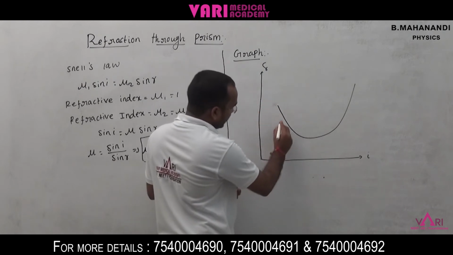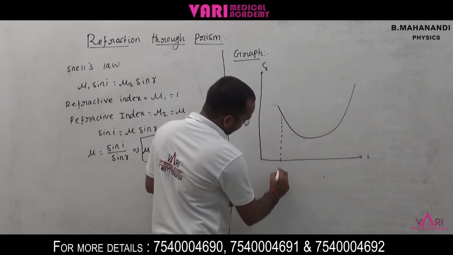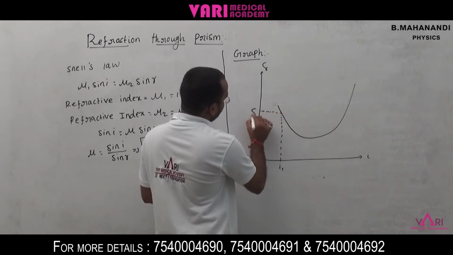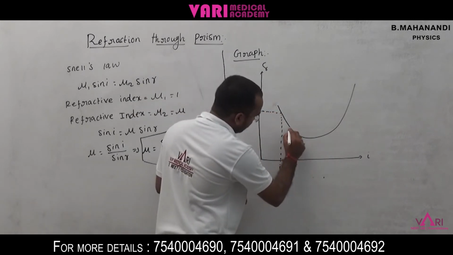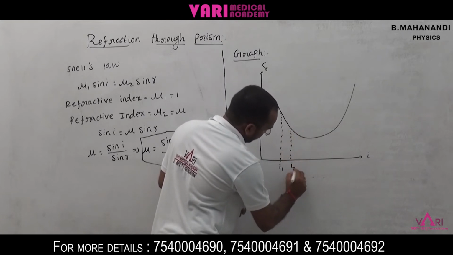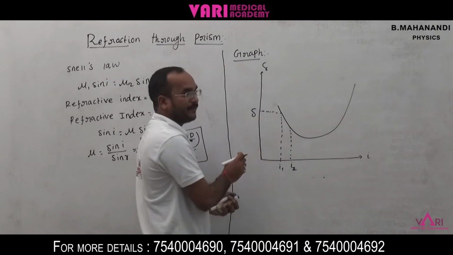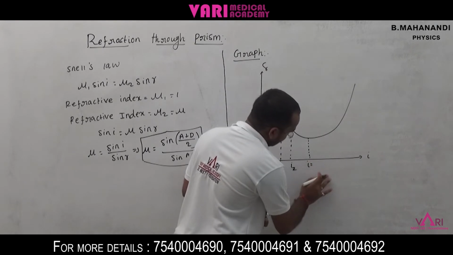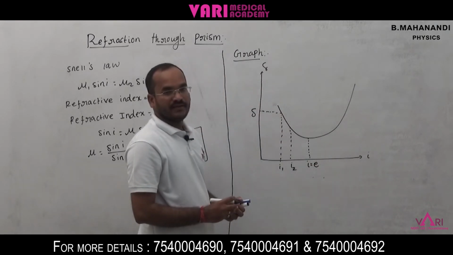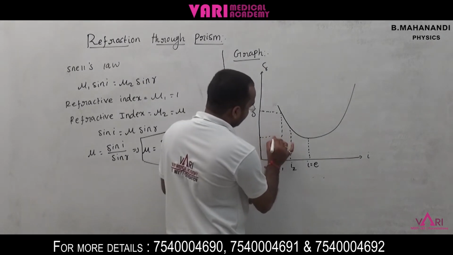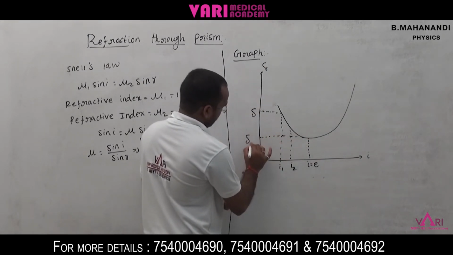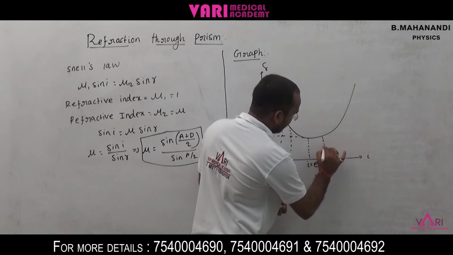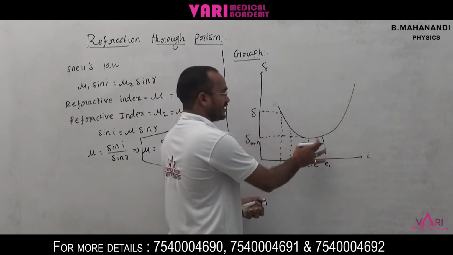The incident angle is continuously varied. If you continuously vary the incident angle, the deviation continuously decreases. At a particular point, the incident angle is equal to the emergent angle. At that time the deviation is minimum, the angle of minimum deviation. Once the emergent angle increases, the deviation also increases.